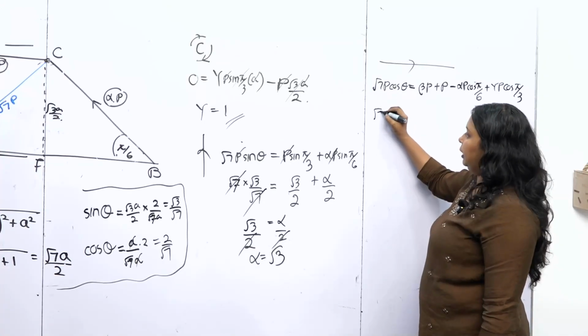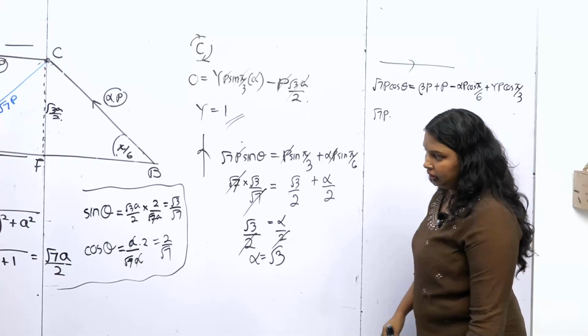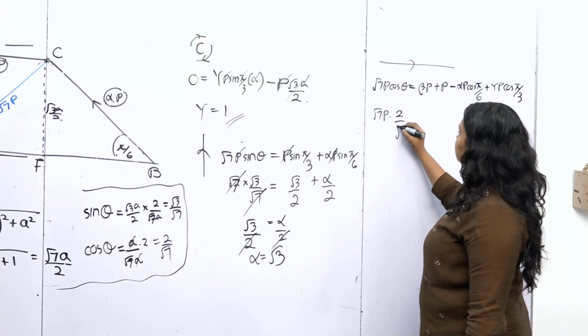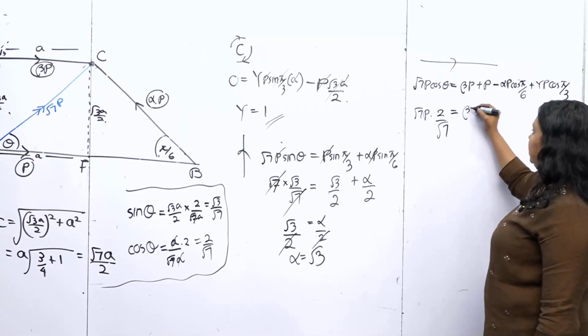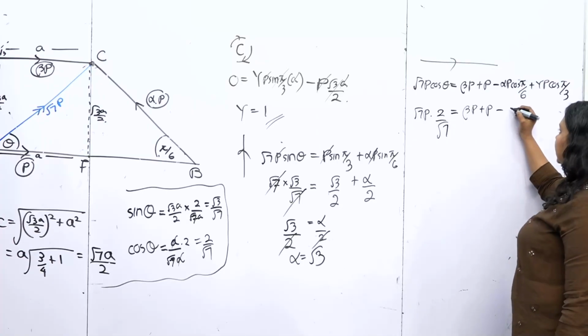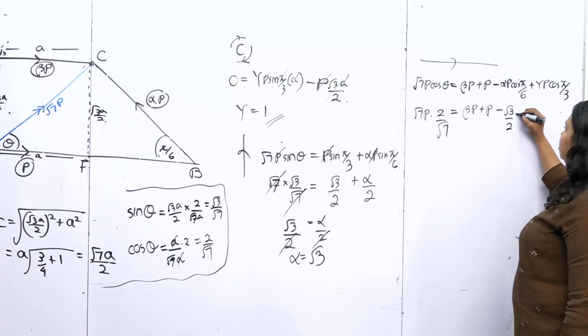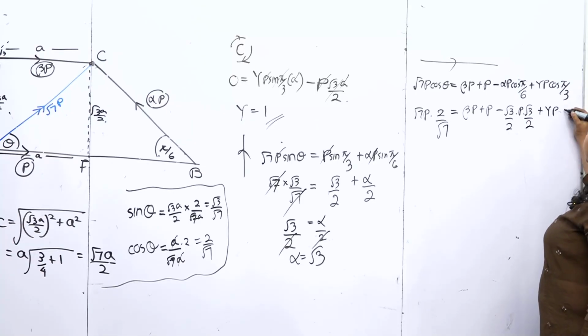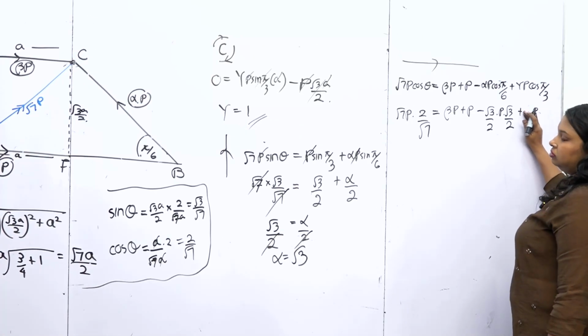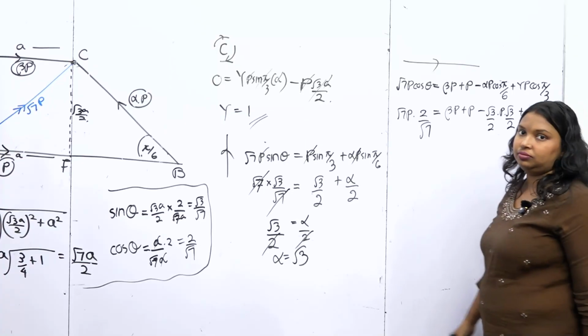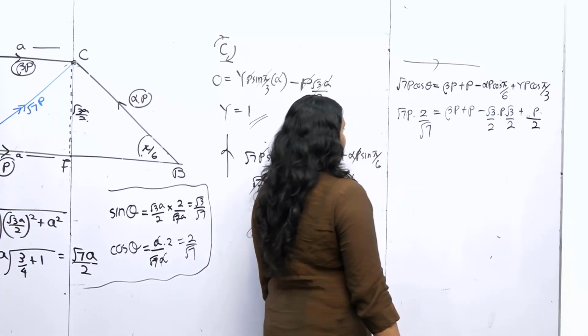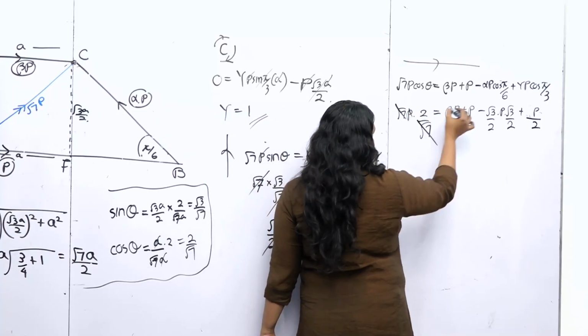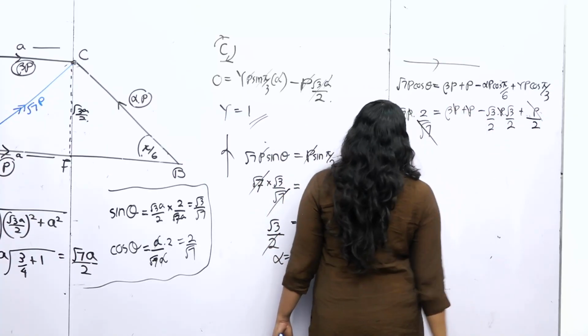See, root 7p cos theta means what? 2 over root 7 equals beta p, which is what we are finding. This is p minus alpha, which we found as root 3 over 2, p. Here also we are getting root 3 over 2, and gamma p cos 5 by 3 means half. Gamma means 1, so p over 2. Is it clear? Right. So remember root 7 they get cancelled. All the p's get cancelled. Right. We can cancel them out.